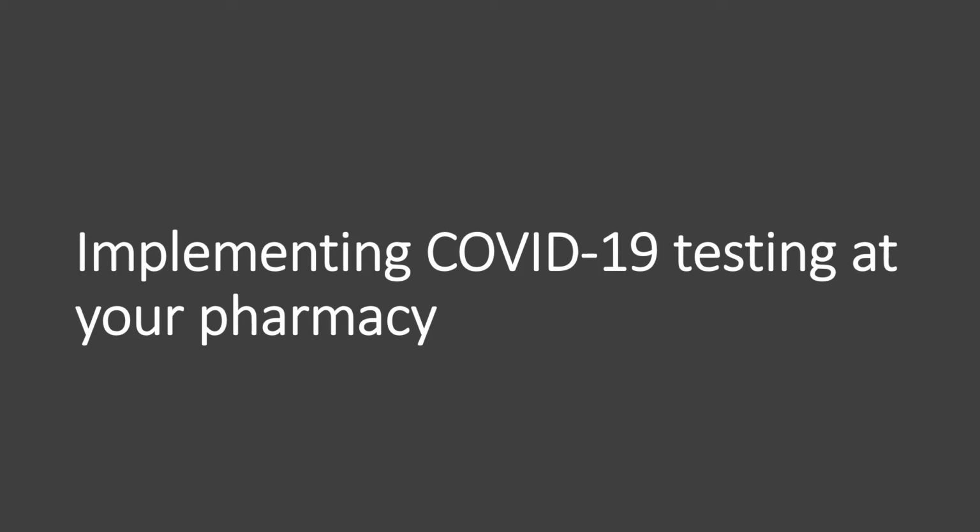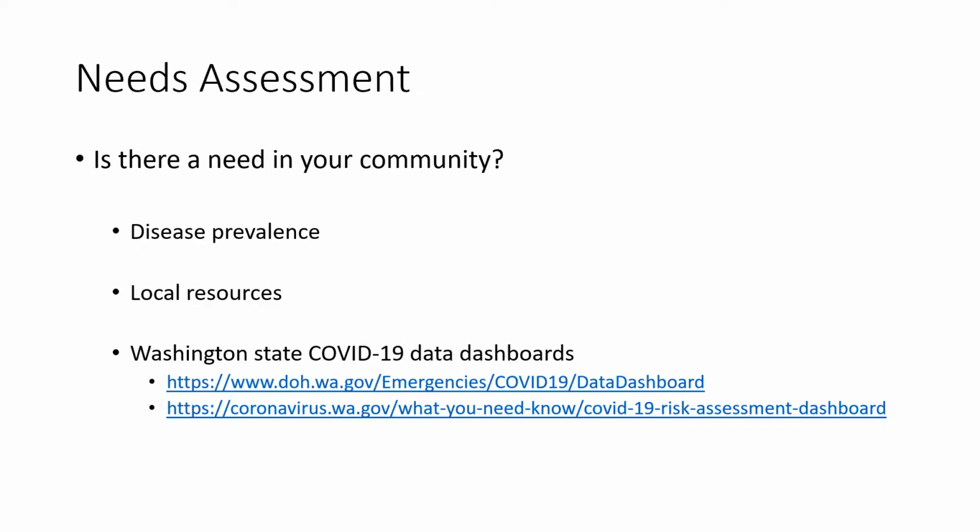The first step is to complete a needs assessment to determine whether there is a need for additional access to COVID-19 testing in your community. To determine if there is a need, you should consider disease prevalence, specifically the percent of positive COVID-19 tests.